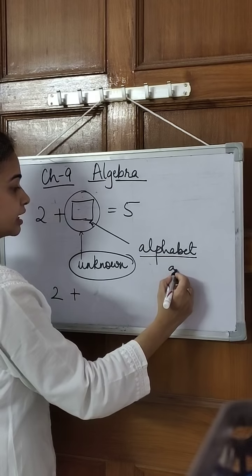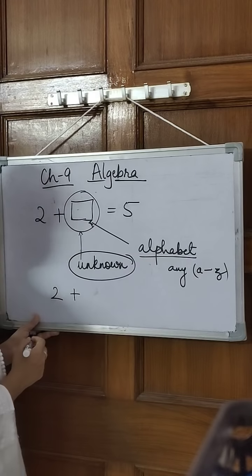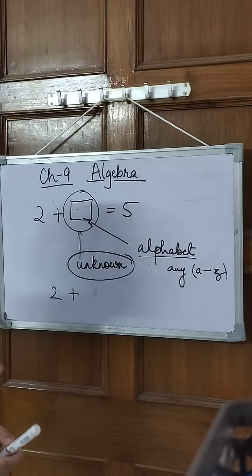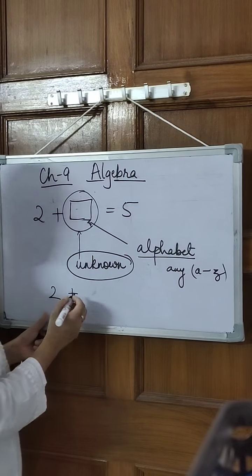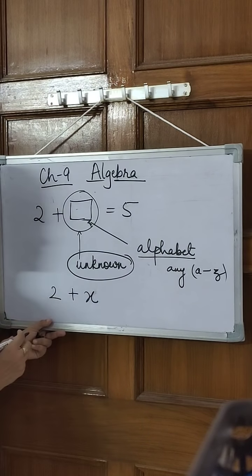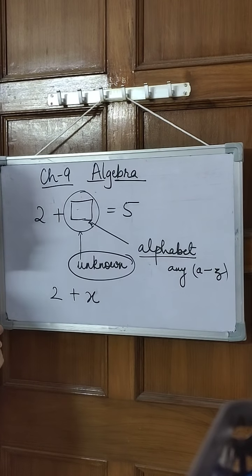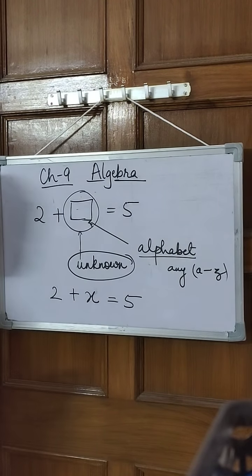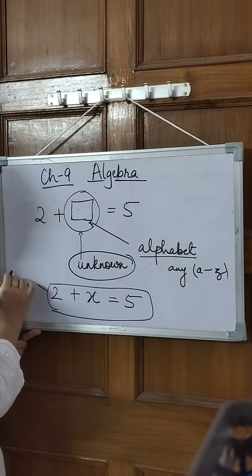When I say alphabet, I can use any alphabet from A to Z. Generally we use A, B, C, or X, Y, Z, or P, Q, R, but you are free to use any alphabet. I am using X here. So we can say 2 plus X is equal to 5. And this equation that I have written is in the form of algebra.